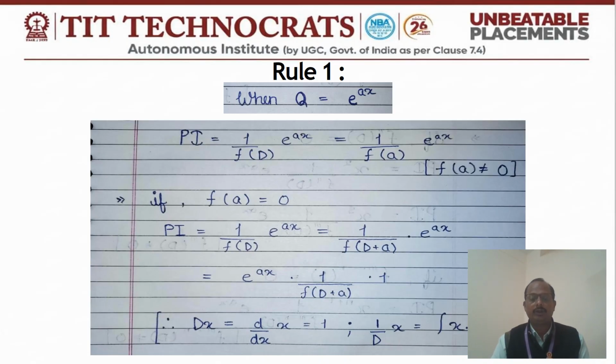If f of a is not 0, then PI is equal to 1 by f of D e to the power ax. Put in place of D the value of a, and then follow the condition. Clear? And when f of a equals 0, it is a failure of the case, and in this case you have to go for another rule, which we will study in upcoming slides.